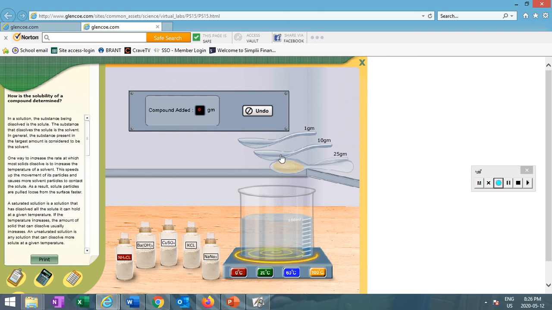Up to 60. Again, now we should get more than 38, right? So again, go back to the highest amount you can add.